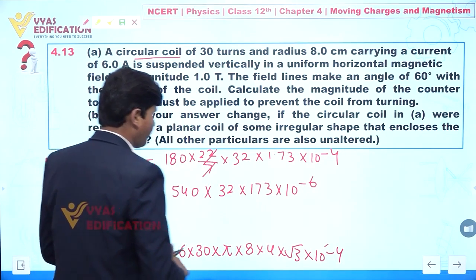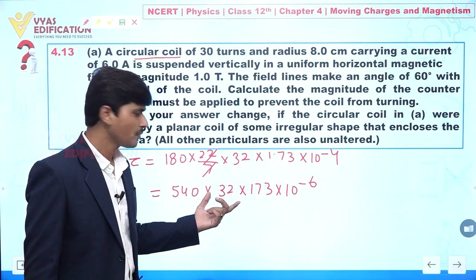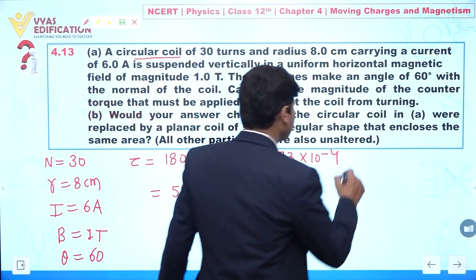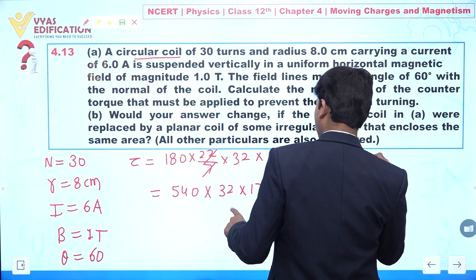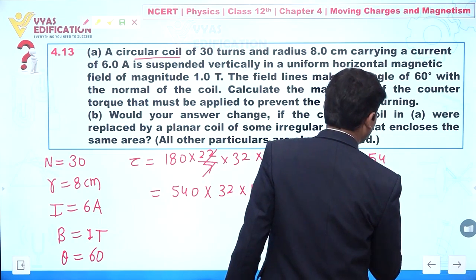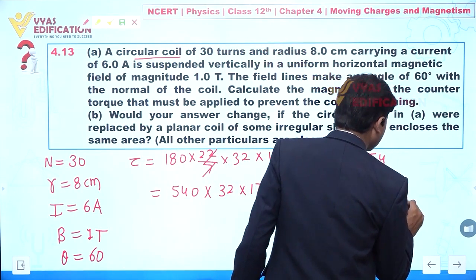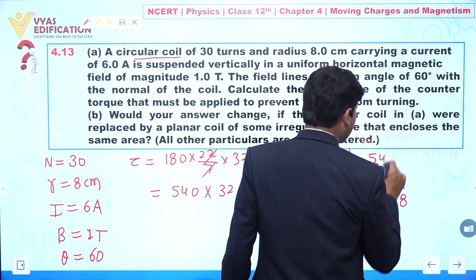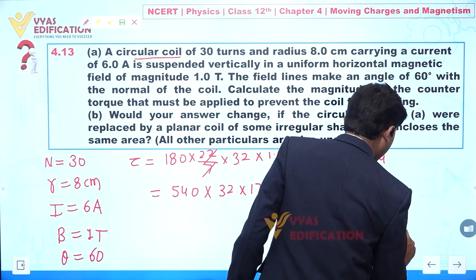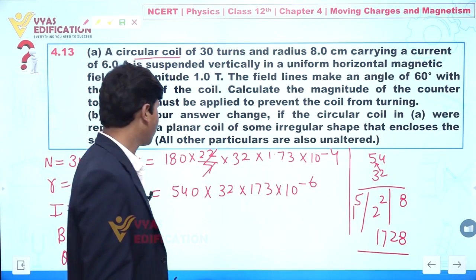So now first you can multiply 540 with 32, or you can multiply 173 with 540. I am first multiplying 540 with 32, so you can just multiply 54 with 32, which gives 1728.